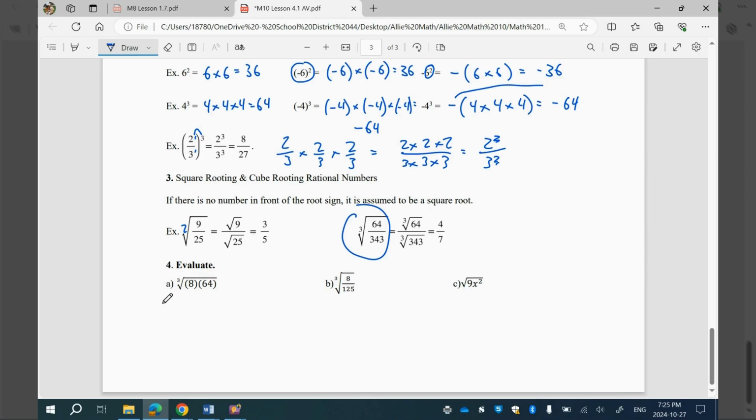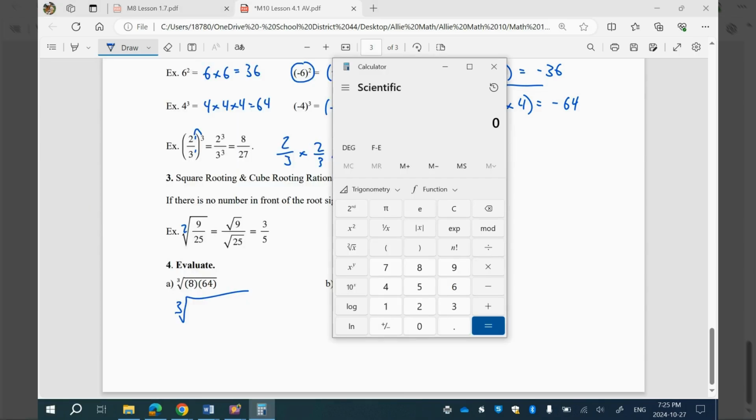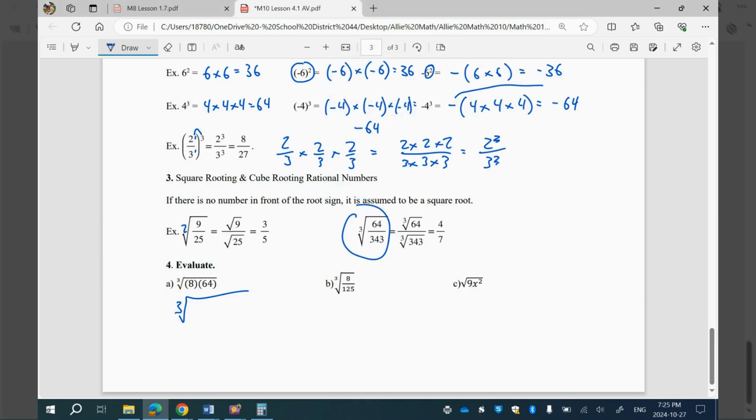Then these ones I want to show, there are some questions like this in the textbook, and I just want to make sure you know how to do these. There are two ways, and both are going to be true. You could keep this as a cube root and solve inside: 8 times 64 equals 512.